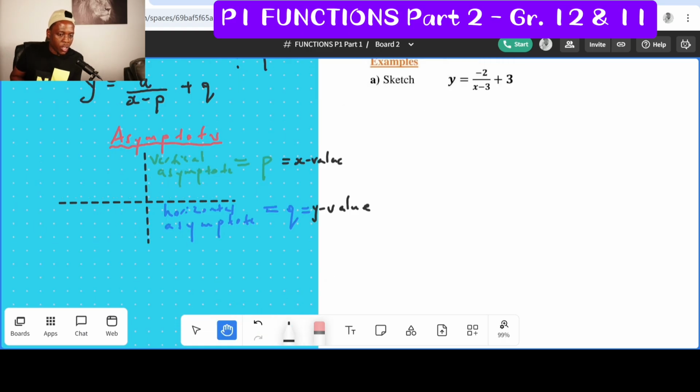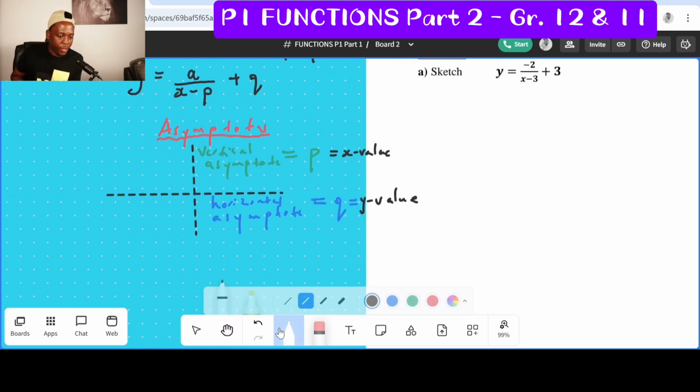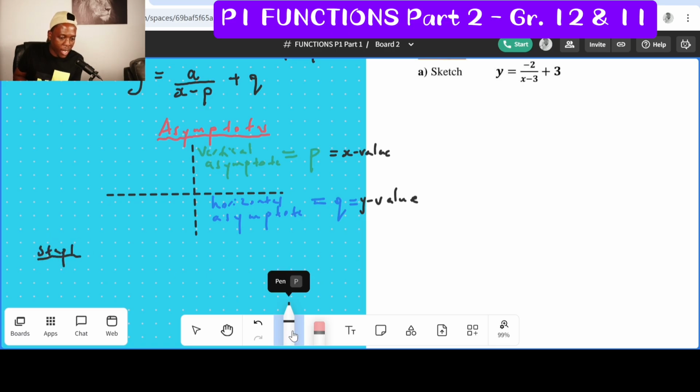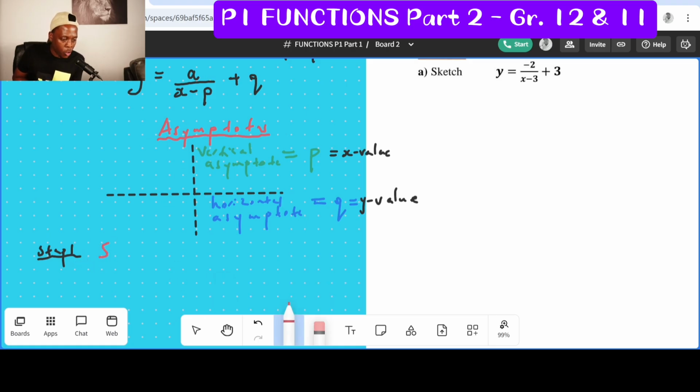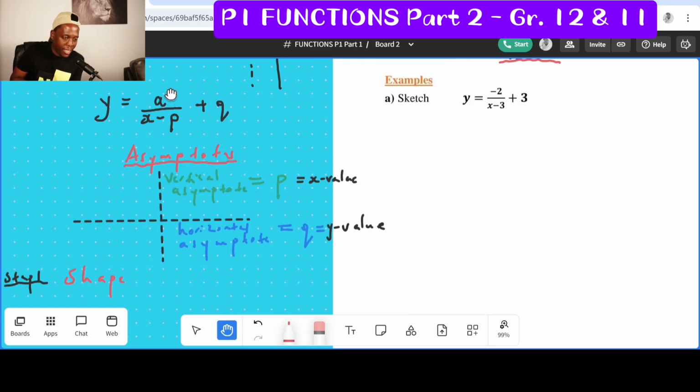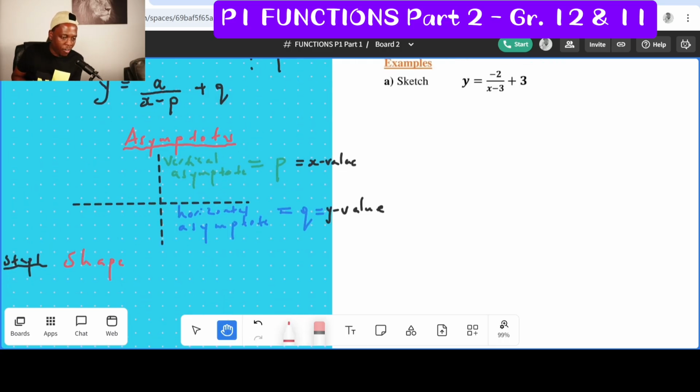Now, when we sketch, there are 3 steps. Step 1, we must start by predicting the shape of our hyperbola. The shape will be determined by the sign of a.